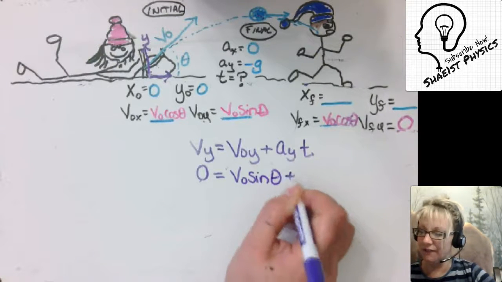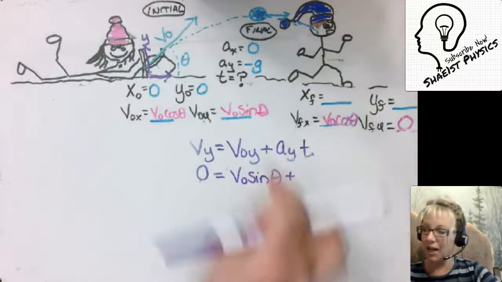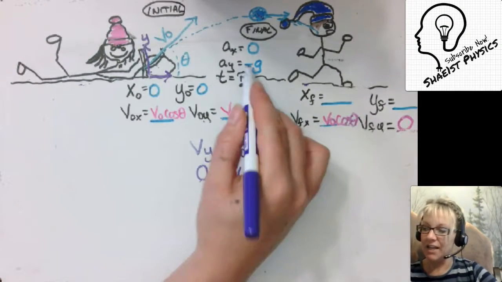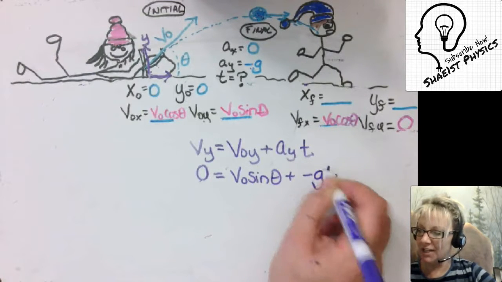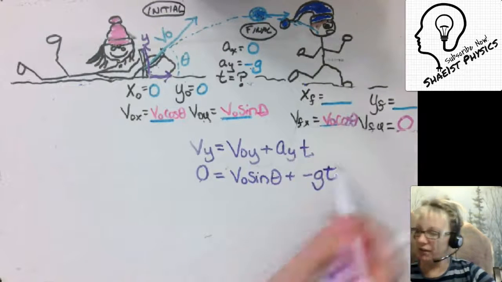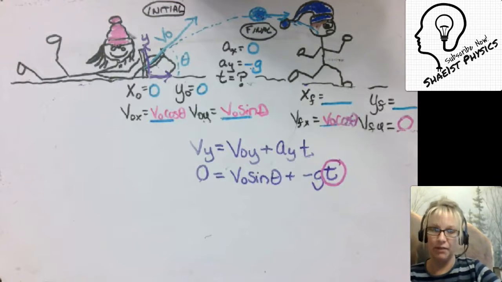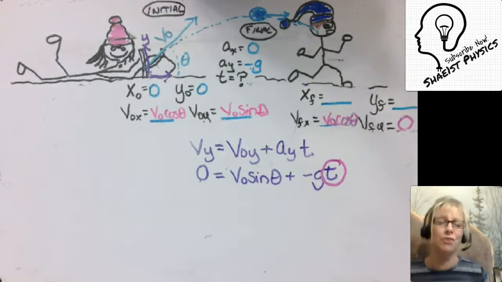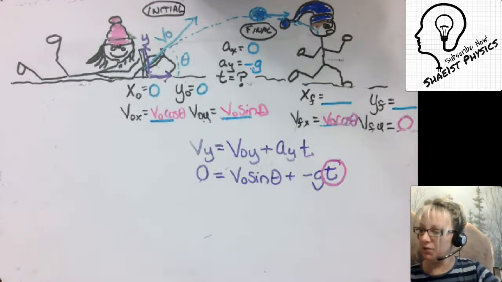This is not physics, this is basic algebra, where I'm taking my values that I know and plugging them in. Acceleration in the y direction is negative g, and time is what we're looking for. So now we're going to solve for time, because that was the question we're dealing with. The system works for anything. So even if you're doing a different problem, you can use this video.